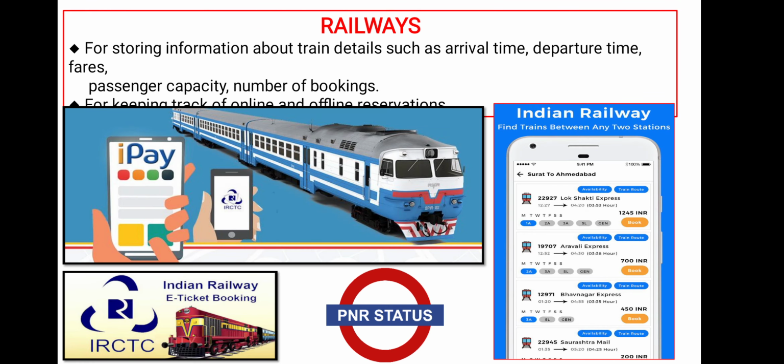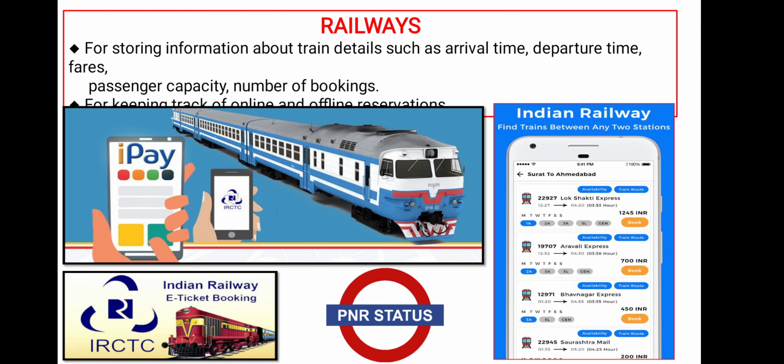Railways. For storing information about train details such as arrival time, departure time, fares, passenger capacity, number of bookings, for keeping track of online and offline reservations, which we have already seen. And here, that is IRCTC using iPay. iPay is internet payment. Through the internet you can pay, and you can make use of IRCTC for e-ticket booking. And you can also check the PNR status.